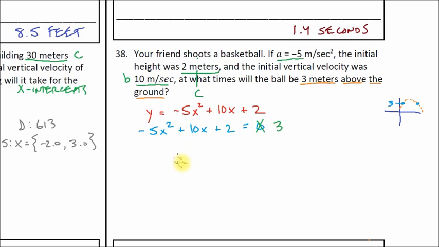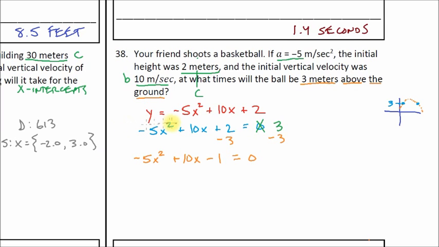Now all we have to do is follow our rules of the quadratic formula. All the terms have to be on one side of the equal sign. So let's subtract 3 from this side and subtract 3 from this side, and now we're going to end up with negative 5x squared plus 10x. 2 minus 3 is negative 1. 3 minus 3 is 0, and now you see, class, we have modified our equation.